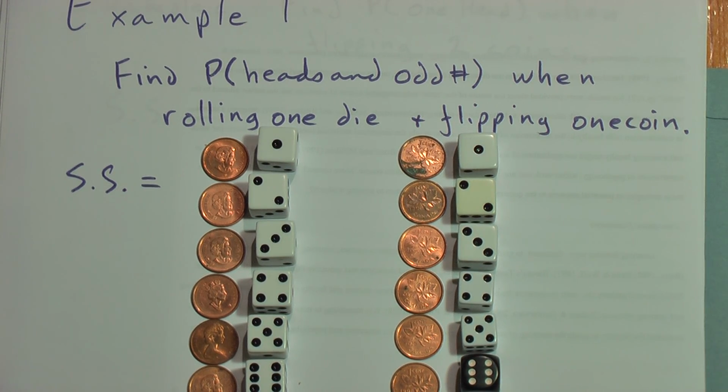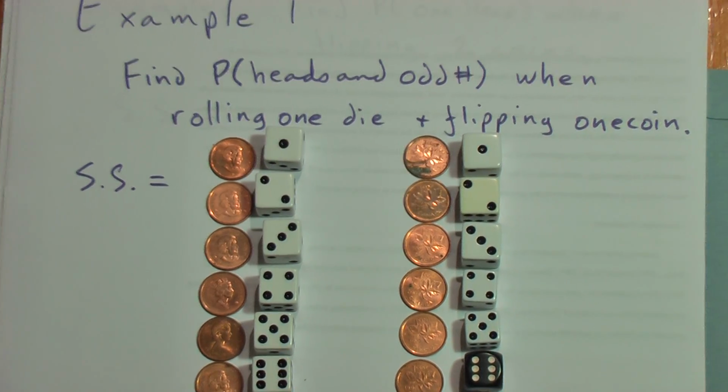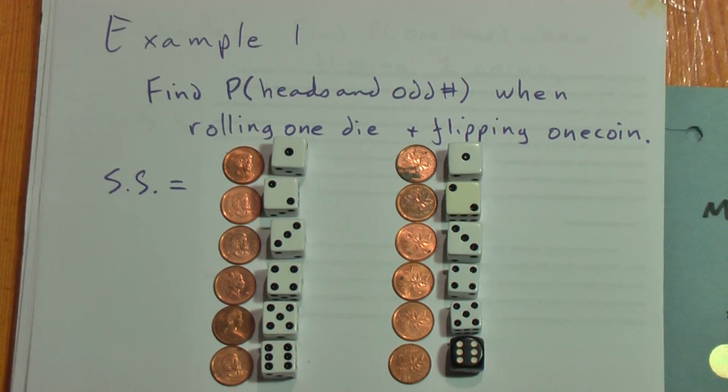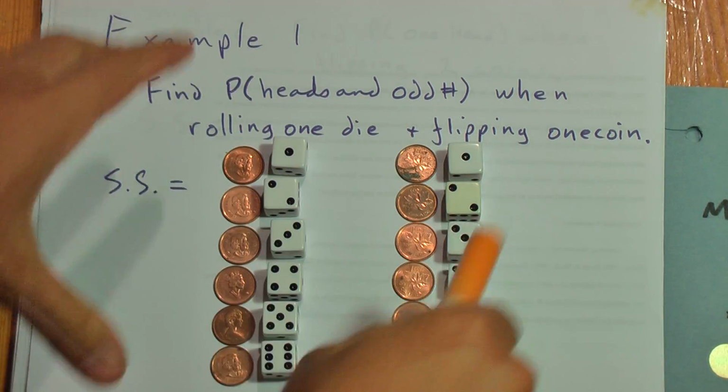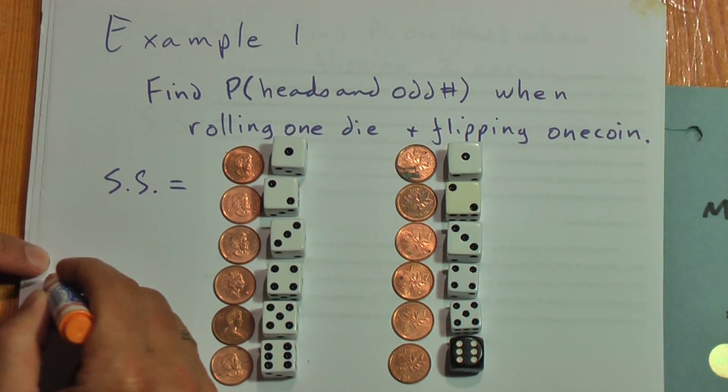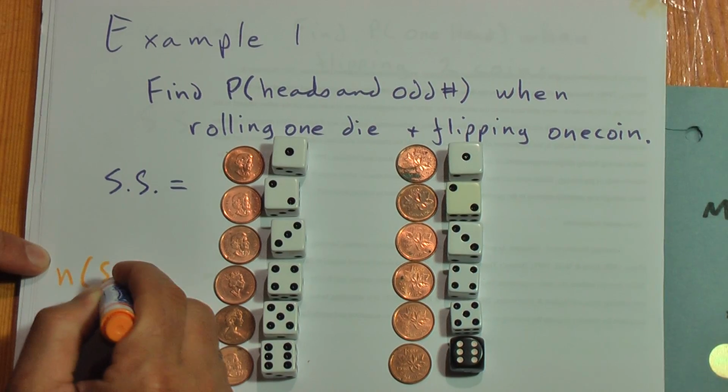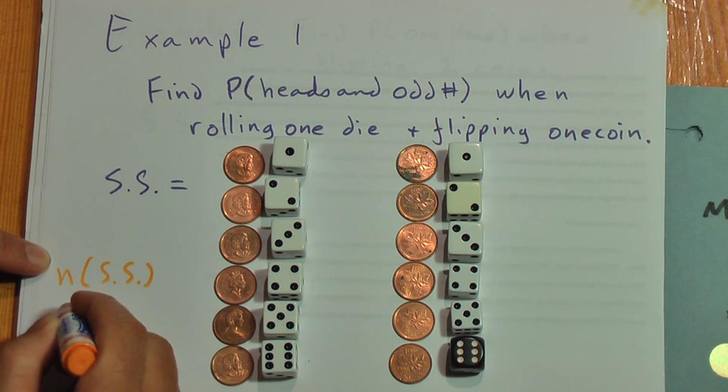If you take this approach, is to say, what are all the possibilities, and have a clear idea of what they may be. Because only then can you find the size of the sample space, and only then can you be sure that you're on the right track. So how many do we have here? What is n of SS?